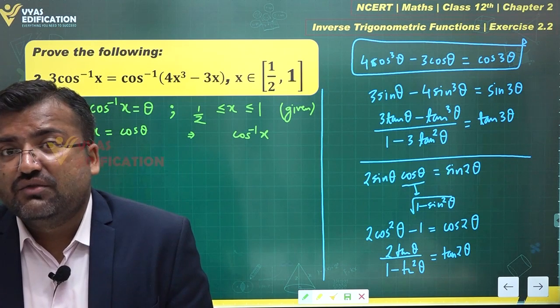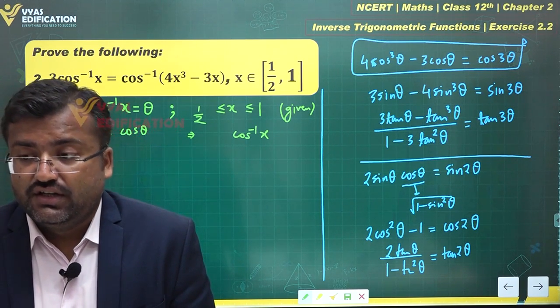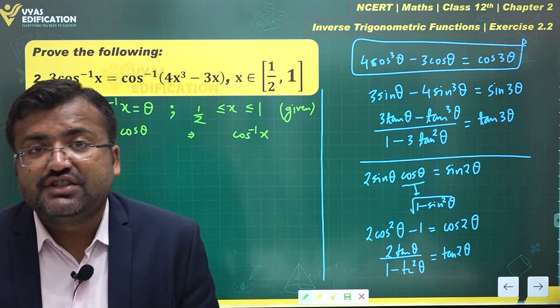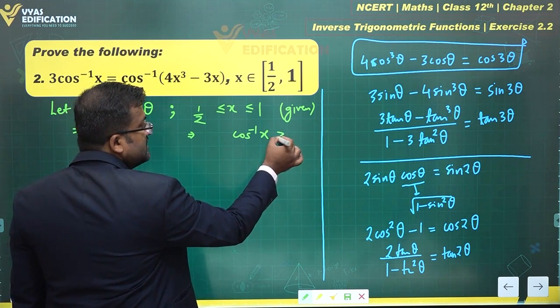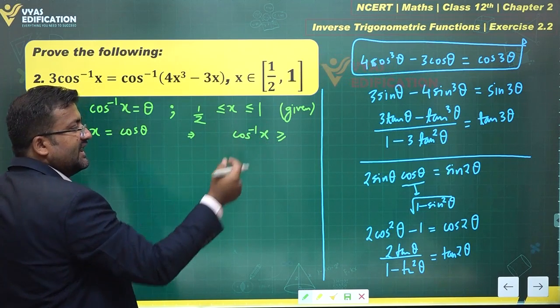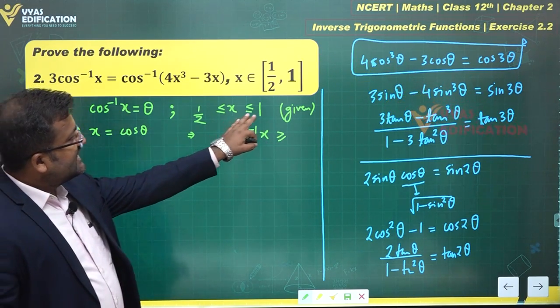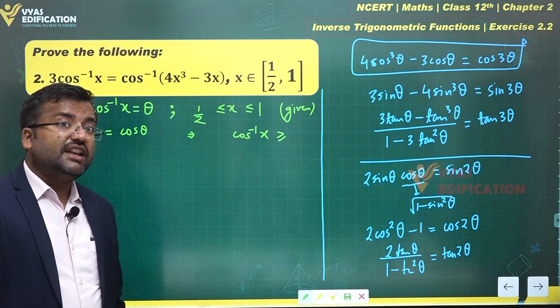You know that cos inverse is a decreasing function. Since it is a decreasing function, the signs of inequality will reverse. So if x is less than or equal to 1, cos inverse x will be greater than or equal to cos inverse 1.